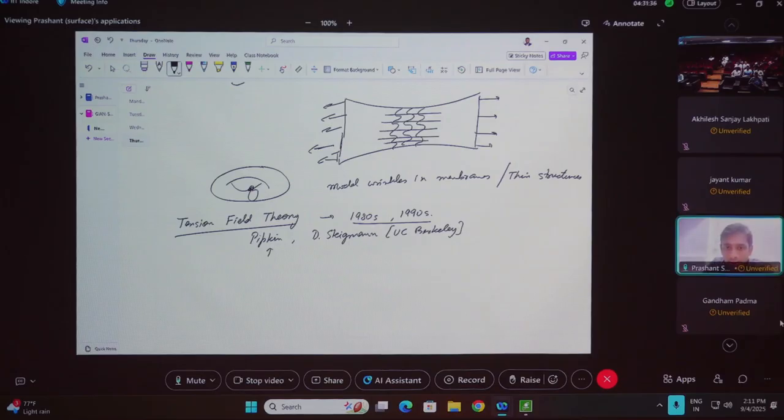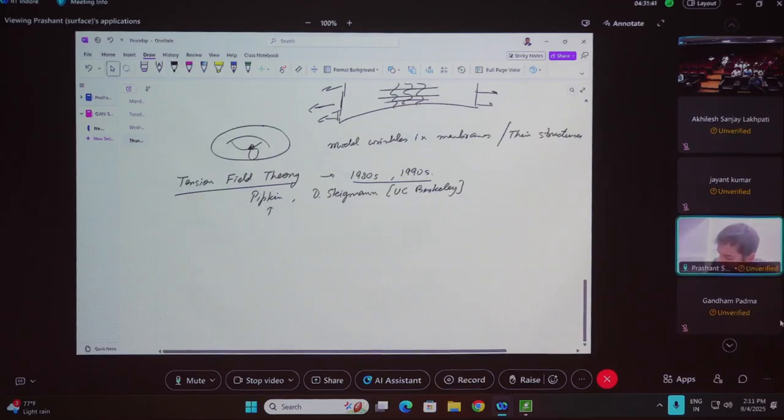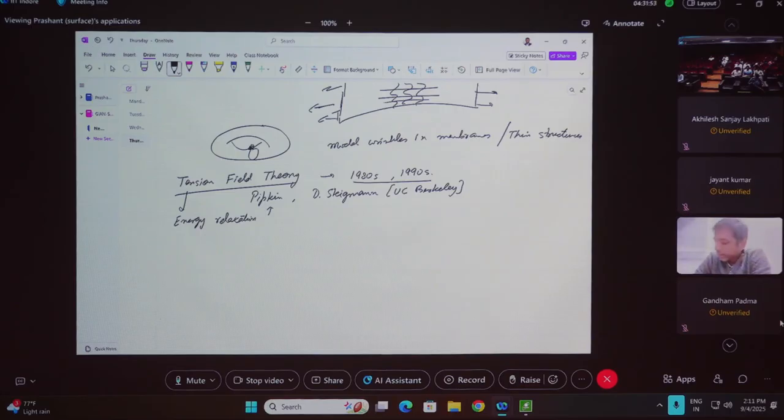Okay? So the central idea is the idea of energy relaxation. And it has to do with the way we model the elastic energy stored in a body.